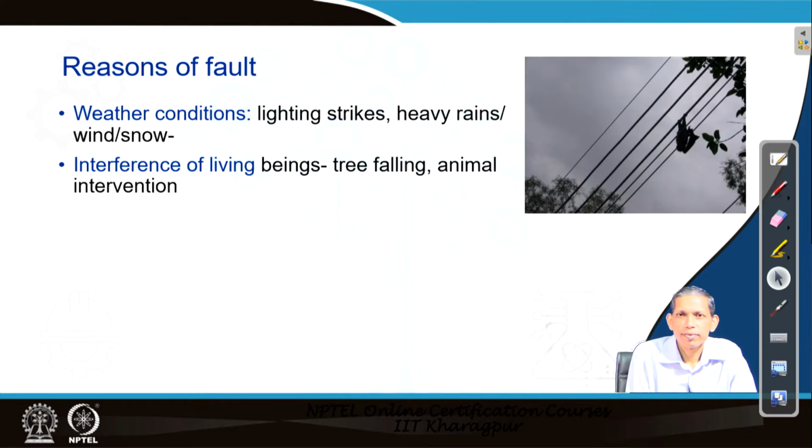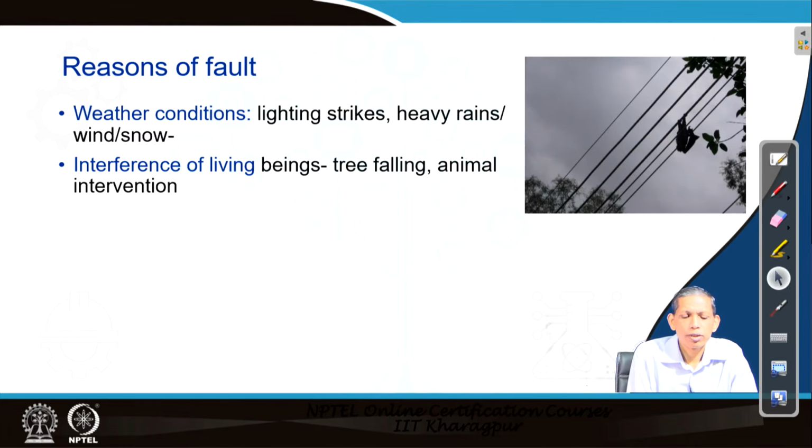Lightning strikes and then the lightning arrester functions, that becomes a momentary short circuit. Heavy rain conditions may result in deterioration of the insulators and may lead to faults in the system.